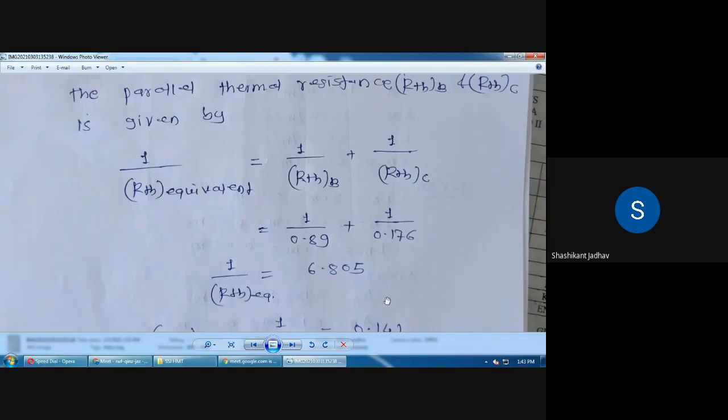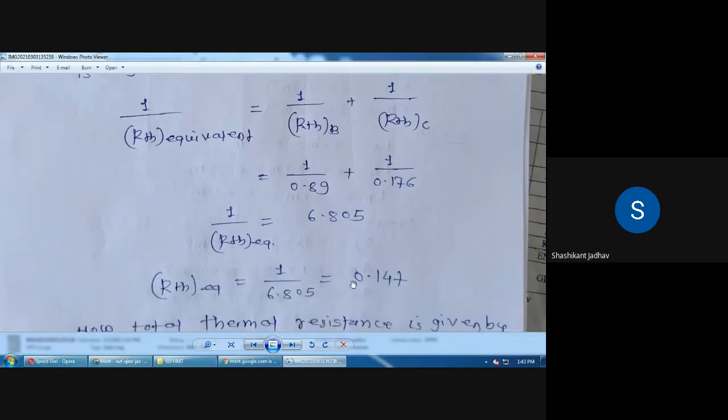So R thermal equivalent is 1 by 6.805, which is the thermal equivalent resistance for plates B and C.